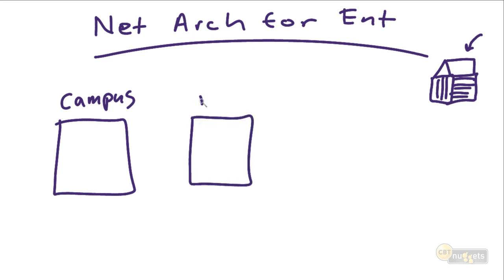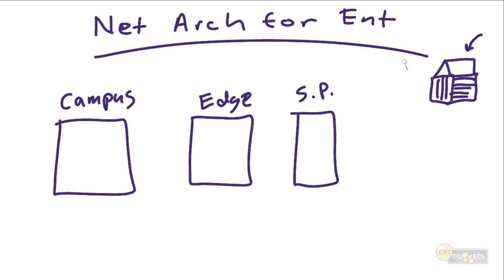And then we see a big landmass, a huge module called the edge. And then we see a module smaller, but it's called the service provider module. And then an even smaller module, but we can still see it, and it's the remote access module.